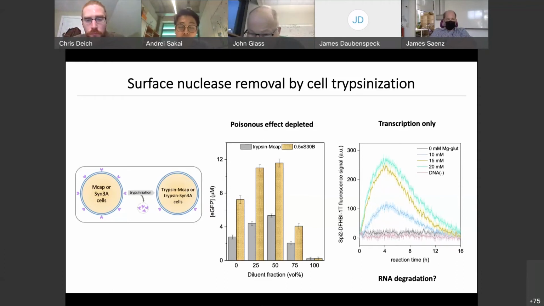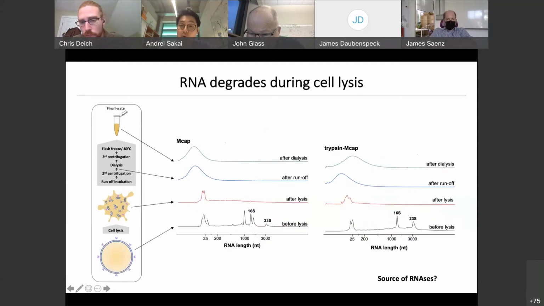And then later, what we wanted to know is what is happening to the content of our RNA inside the lysate. Because, for example, if you have a degradation of ribosomal RNAs in the ribosomes, of course, it will affect your translation. So what we analyzed then was the RNA content of our lysates throughout the lysate preparation method.